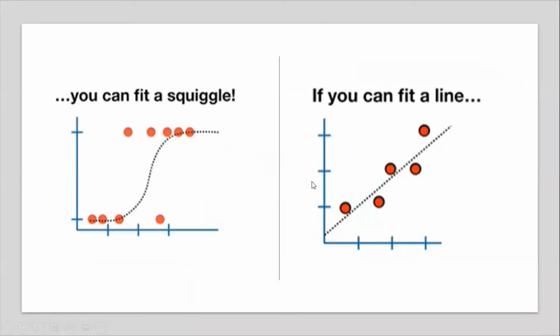If you can fit a line, then you can fit a squiggle. So the idea is, this is a scatter plot. This is also a scatter plot.